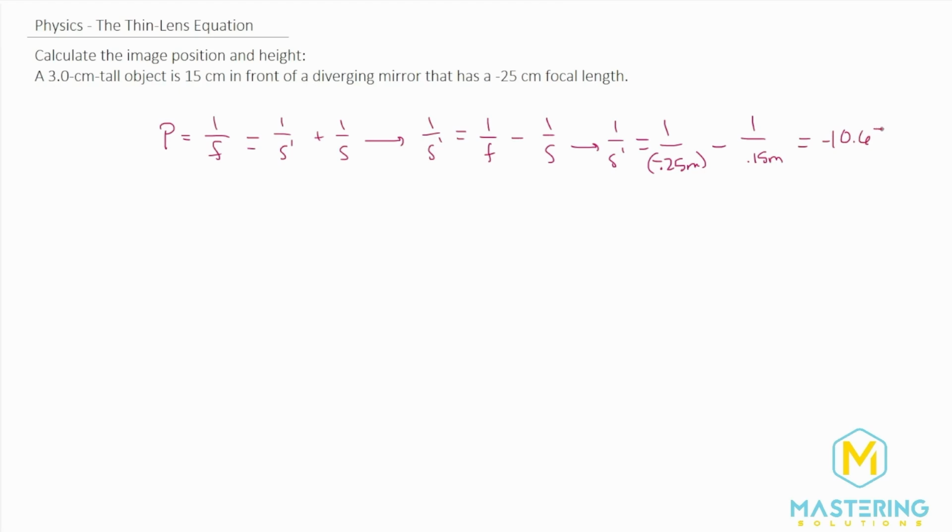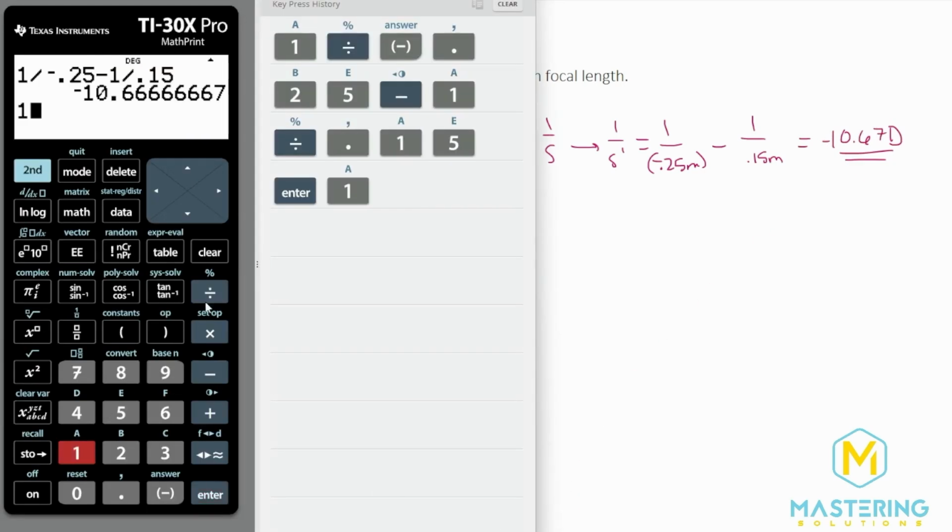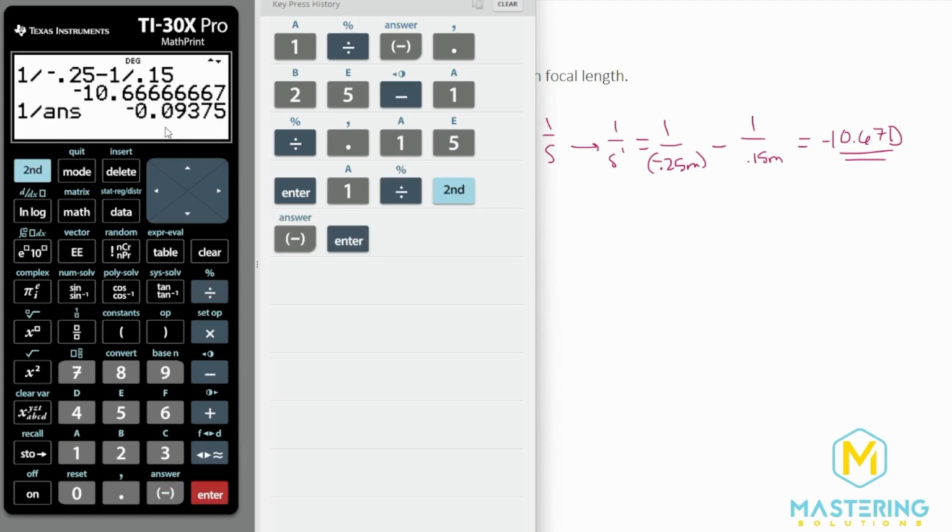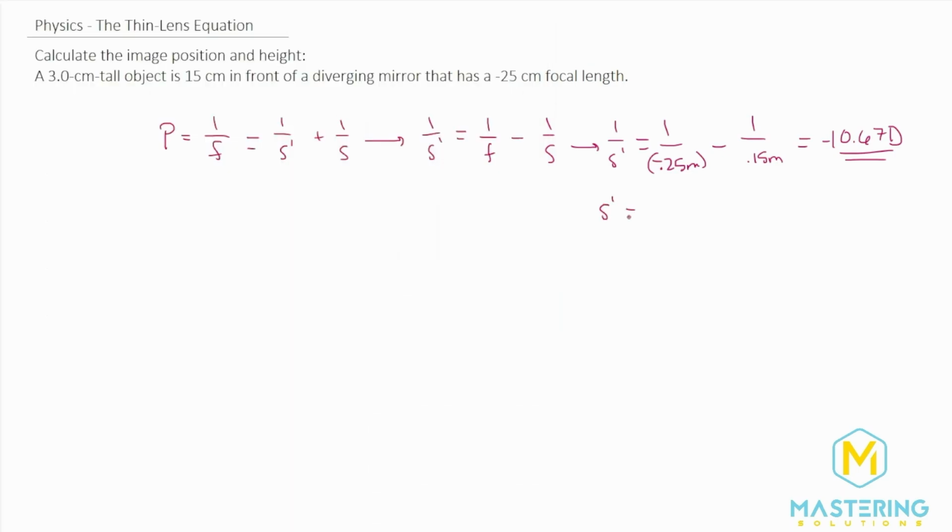If we take the inverse of a diopter, that will give us meters. So we have negative 9.4, if we round it, for our answer for the image position.